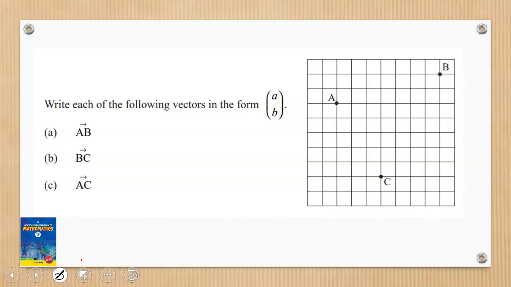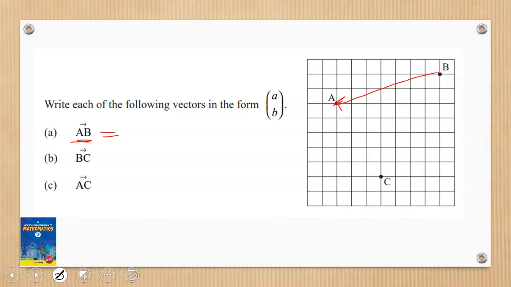Now, this example tells us that we should write the following vectors in the form AB, that is the component form. What is vector AB here? Vector AB tells us that we are at A and we are moving towards B. How do we get there?